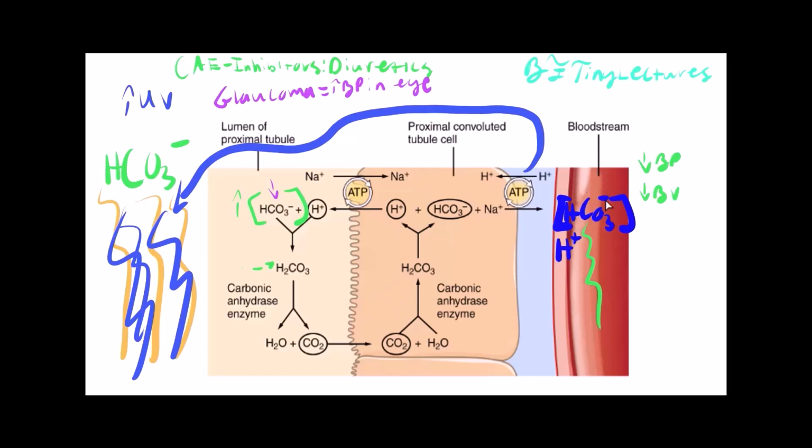However, if there's too much bicarbonate in the bloodstream, it might lead to metabolic alkalosis when the blood is too basic. And so we can prescribe carbonic anhydrase enzyme inhibitors to decrease the amount of bicarbonate in the bloodstream. That will go from a pH of, let's say, 8.2 all the way down to maybe 7.3 or 7.5, something that is healthy. So we can prescribe it for glaucoma, and we can also prescribe it for metabolic alkalosis, though it's not that common.